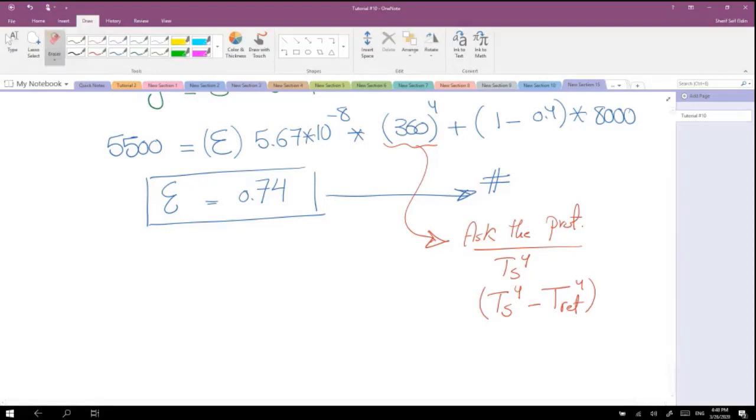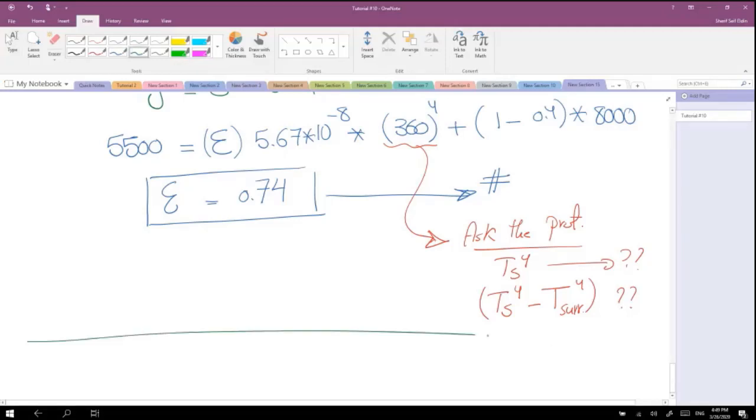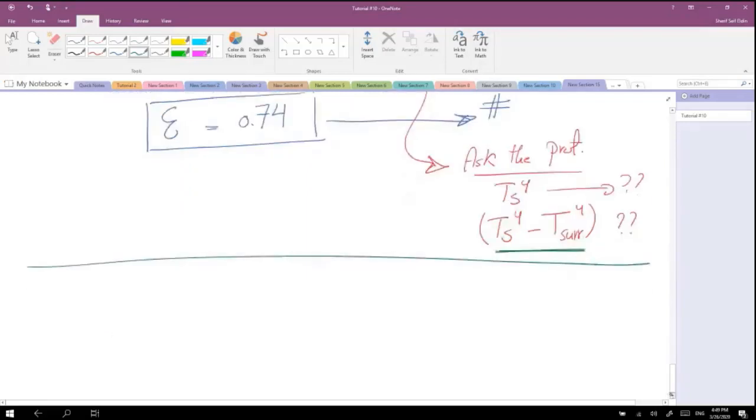Not the reference, the surrounding. So please ask the prof which one is more correct for you, because the solution manual is giving both, so you don't have to worry in the exam.